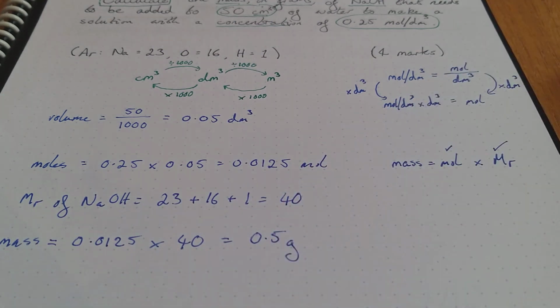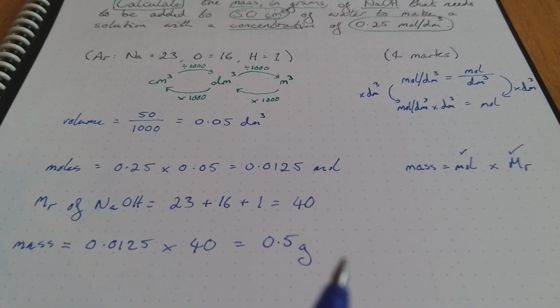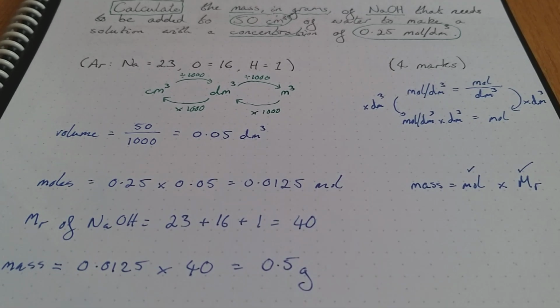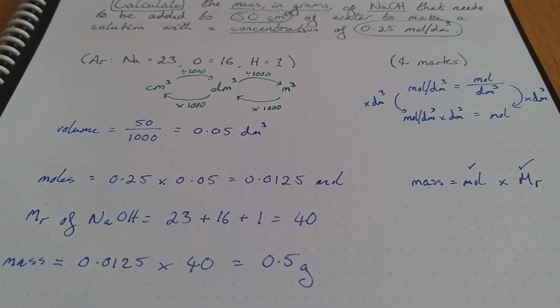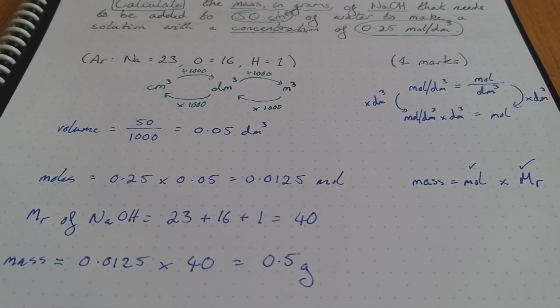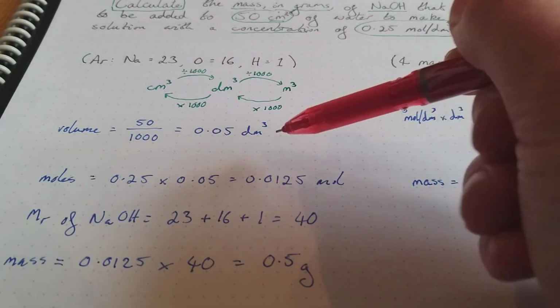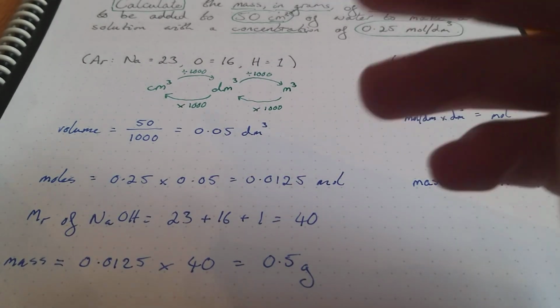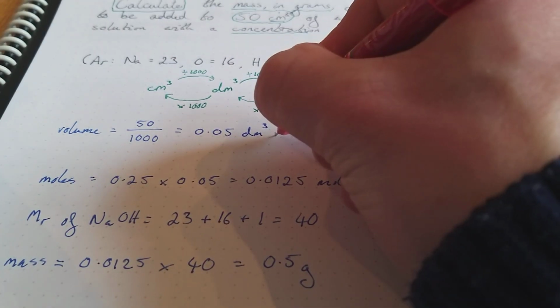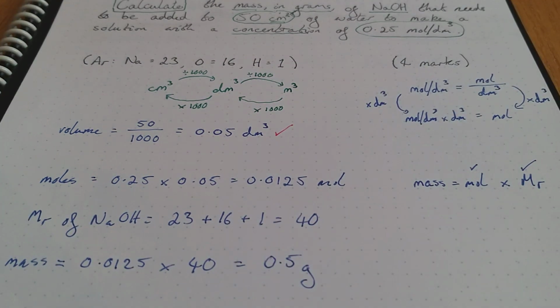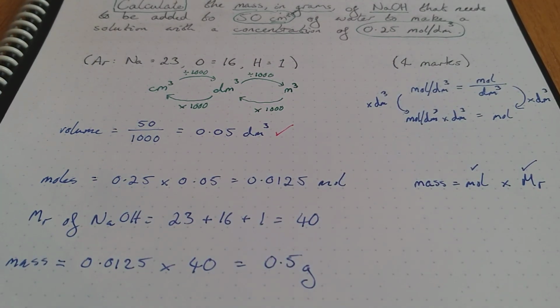So let's just go through the question again just to check where we would pick up our 4 marks for this question. So we can see here we've clearly broken it down into 4 key steps. So the first mark is for that conversion of 50 centimeters cubed into decimeters cubed.